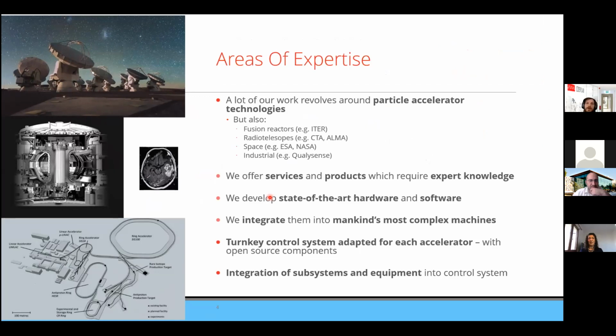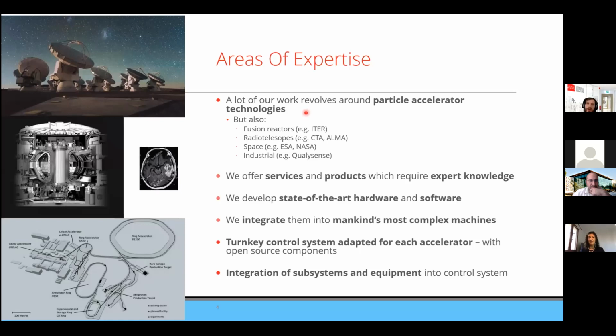One of them is fusion reactors. We are working on the ITER project, radio telescopes in ALMA, and also in space, and some industrial projects as well. So what are our main strong points?